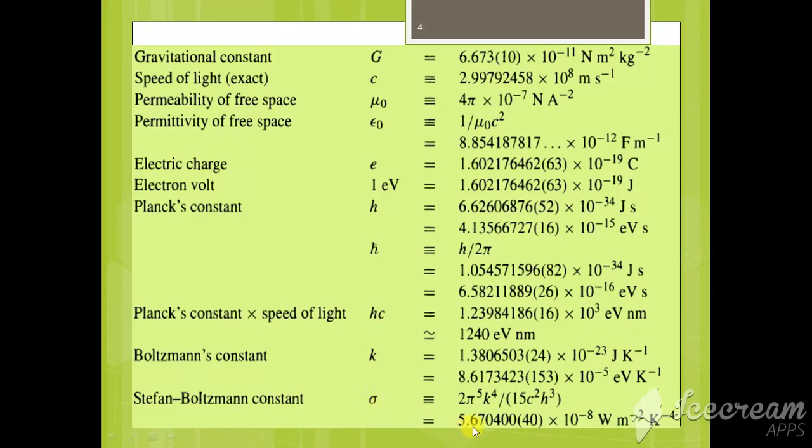Sigma is equal to 5.67 into 10 raised to power minus 8 watt per meter square per Kelvin power 4.